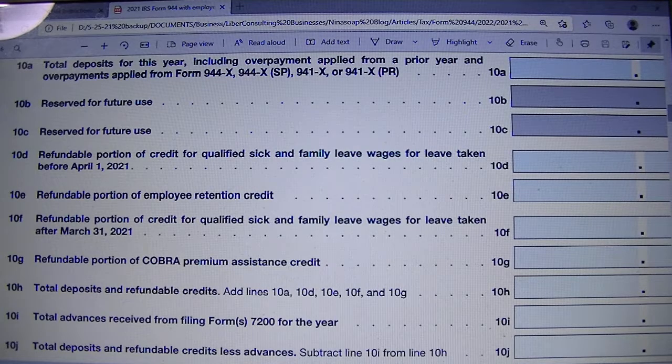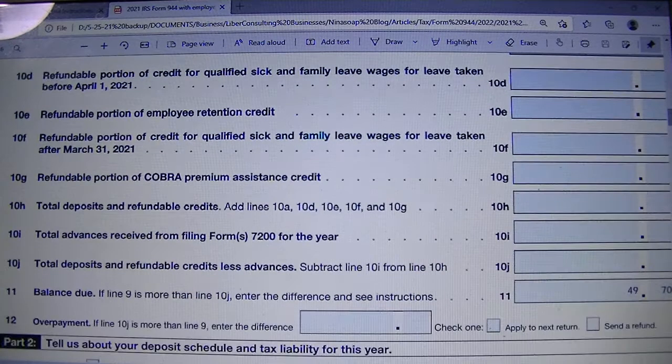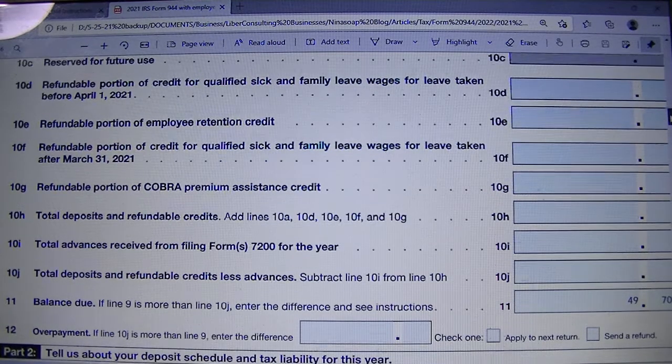So you can read about credits, if any of them is applied to your business, to see what part is non-refundable and what portion is refundable. So the non-refundable portion goes on line 8 and the refundable portion goes to line 10. So the non-refundable credit usually decreases the taxable amount.